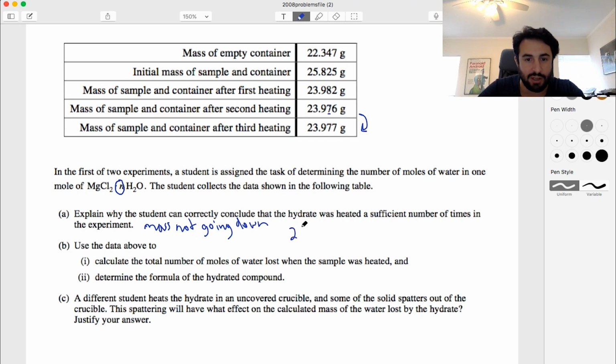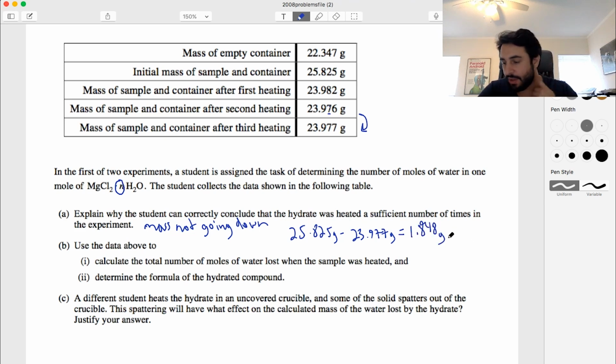So 25.825 grams minus 23, let's just use 977. It doesn't really matter which one, it's fine. That's going to give us 1.848 grams of water. And then we can get the moles.